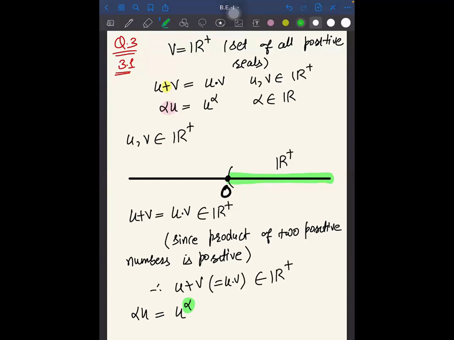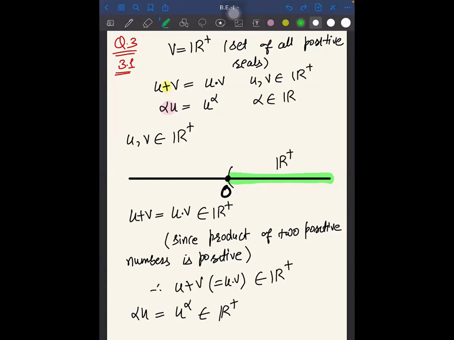So u raised to power alpha also belongs to R positive. Keep in mind, alpha is real, alpha is not R positive. Alpha can be any number. But if you take u raised to power alpha, even a negative power will only generate the reciprocal form. And the reciprocal of every positive number is also positive. Fine?